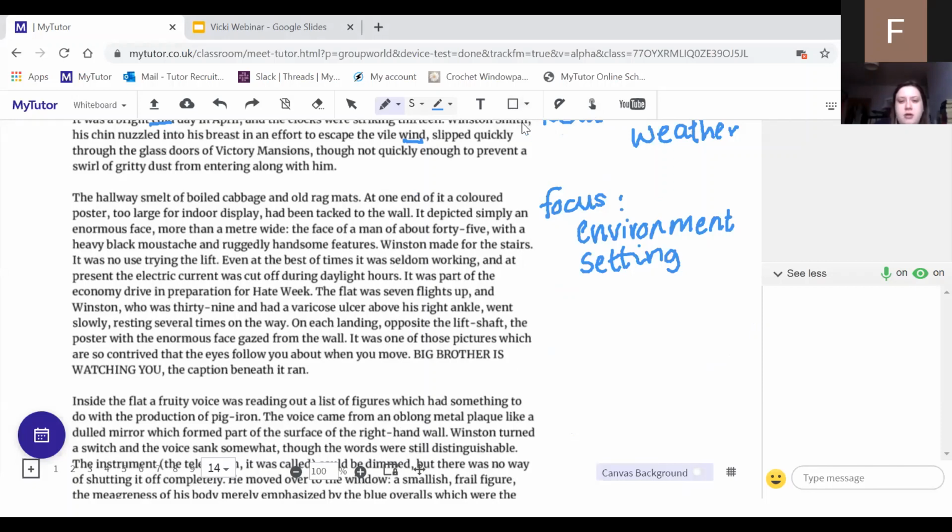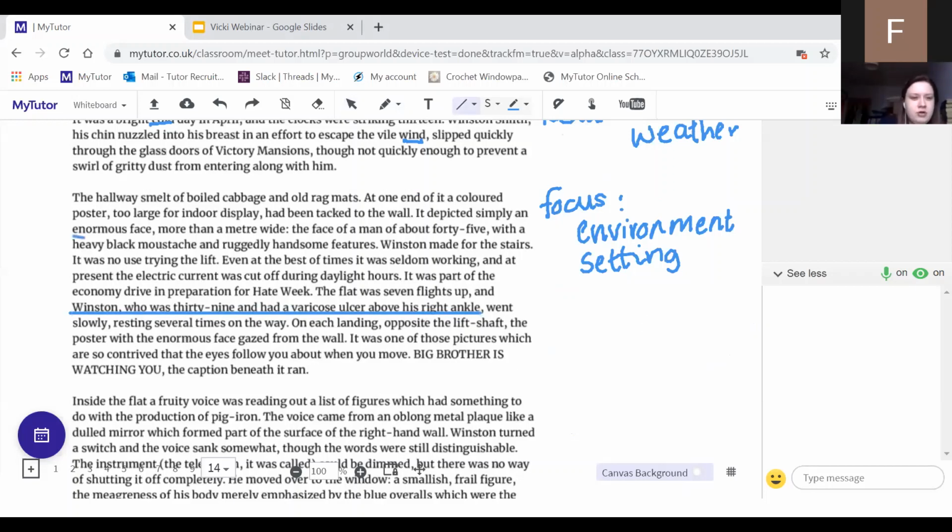So I think we could also talk about characterization of Winston a little bit now. So we find out that he's got a varicose ulcer, which seems a pretty grim thing to tell us, but perhaps that tells us something about the healthcare system and how people are valued by society, maybe. So that might be a clue towards that.